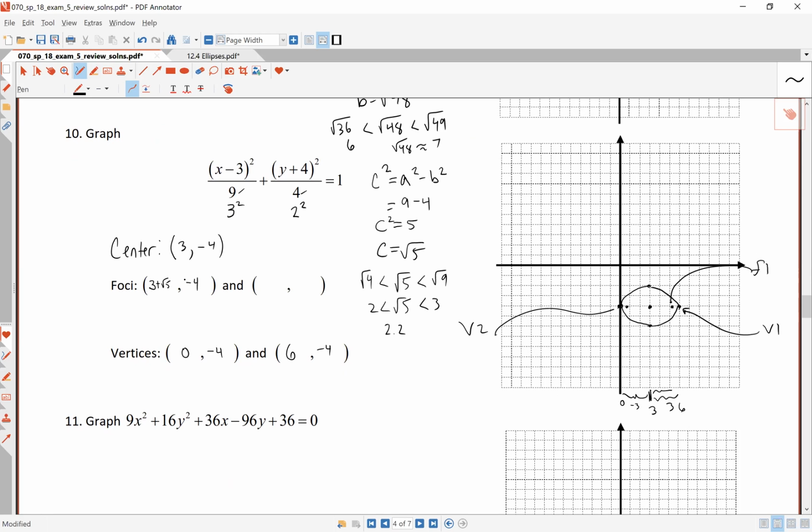And the other one is to the left of 3, which is (3 minus root 5, -4). So let me say that again. We started at 3. We had to move root 5 units to the right, and then on the other side we had to subtract root 5 units, 3 minus root 5.